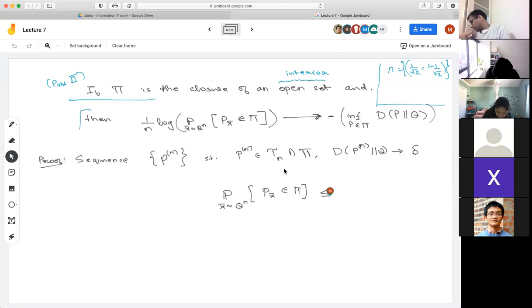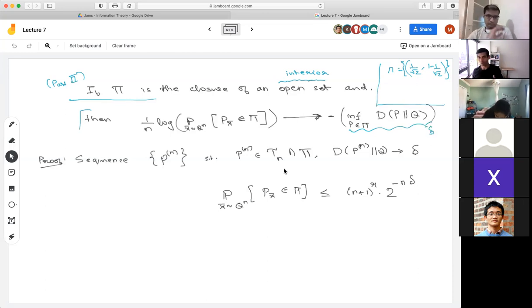We already proved an upper bound, which is of the form (n plus 1)^r times 2 to the minus n times delta. I'm calling this quantity delta, as on the previous.